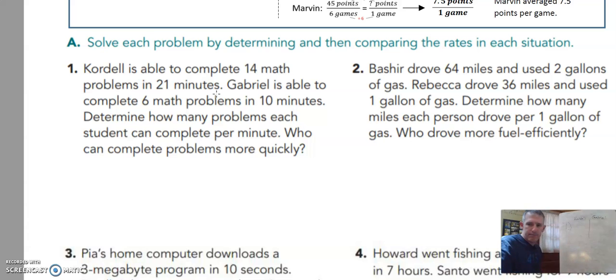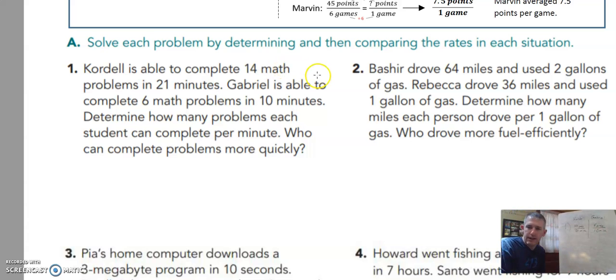on this side. And it says that Cordell can do 14 problems, I'm going to abbreviate here, in 21 minutes. Okay? And then it says that Gabriel can do 6 problems in 10 minutes. All right?